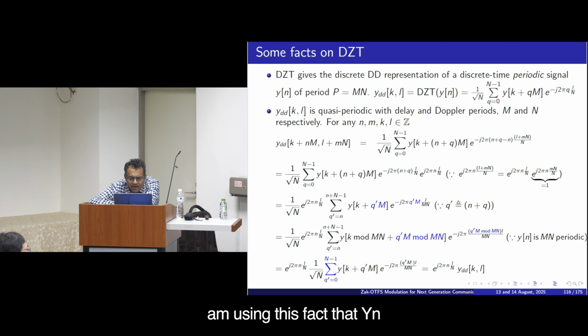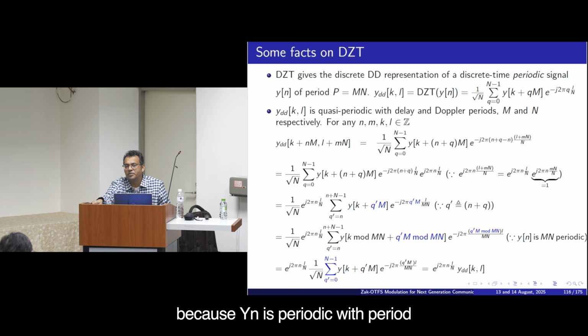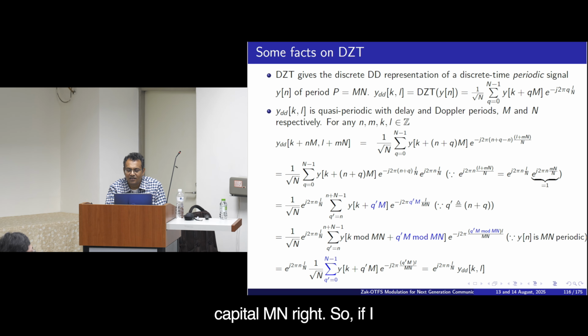Now, I am using the fact that y n is periodic with period capital Mn. Because it is periodic, if I just compute the modulo Mn value of this index, then they are the same. So, if I replace k with k mod Mn and q prime m with q prime m mod Mn, it is one and the same.